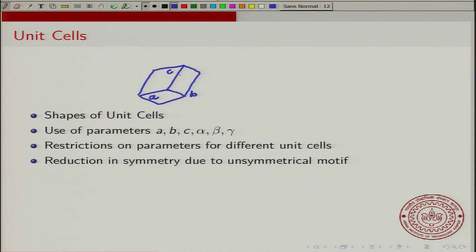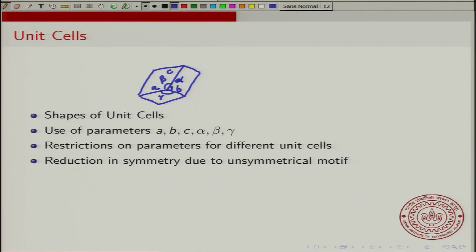So we showed that this is a very convenient way to look at unit cells in terms of A, B, C, and there are different angles that we defined. The angle between B and C we called alpha, between A and B we called gamma, and between A and C we called beta.